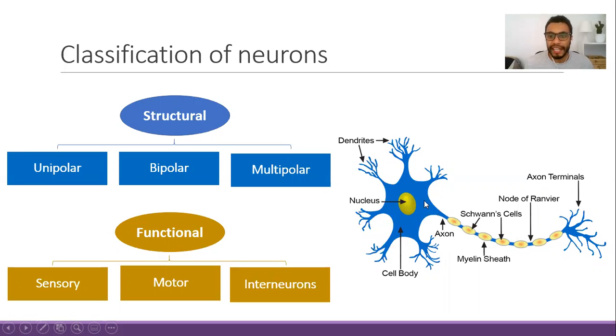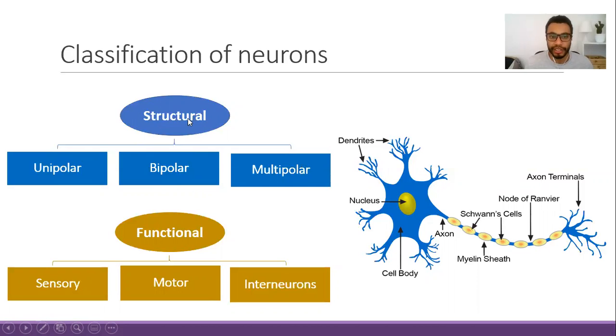The function of these neurons without an axon is still not well understood. So let's focus on these three different types: unipolar, bipolar, and multipolar.